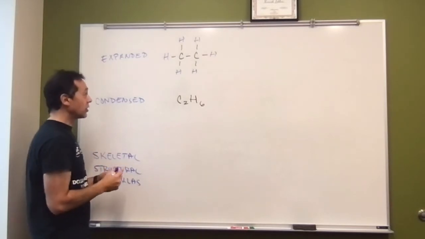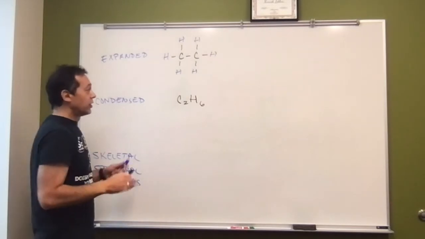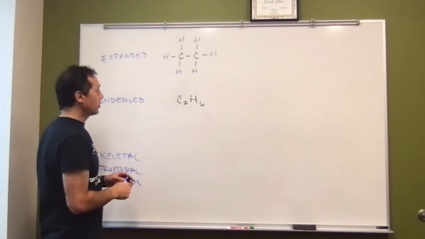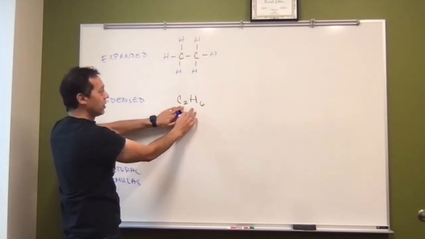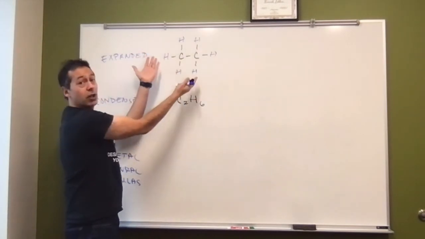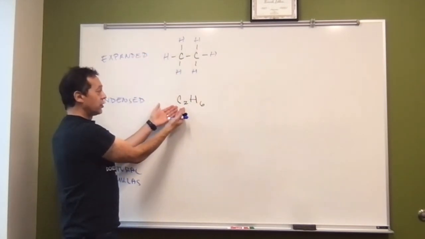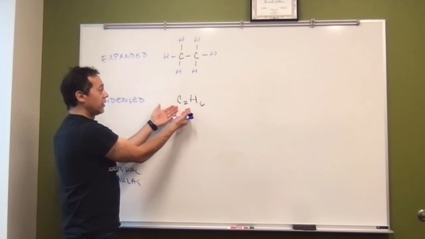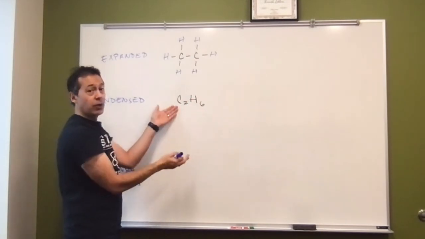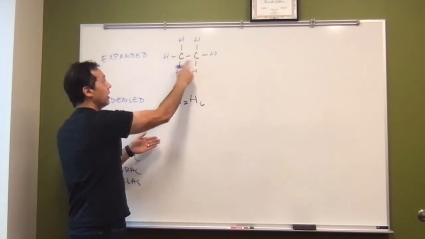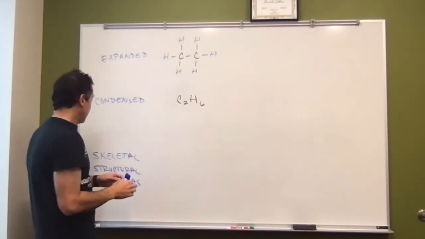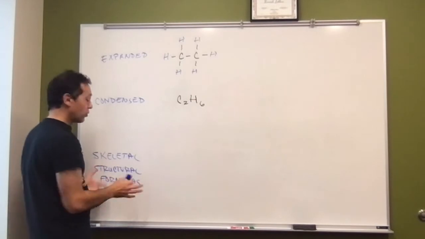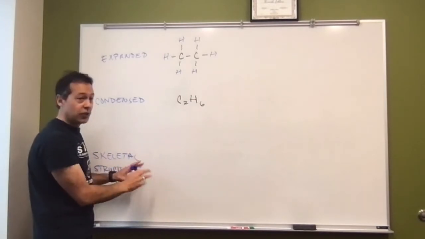And the trick is, if I were to just give you this, if I covered this up, could you draw this molecule out? You'd say, okay, well, there's 2 carbon atoms, and then there's 6 hydrogens surrounding it somehow. Now, a skeletal structural formula for this, we'll get to that in just a minute.